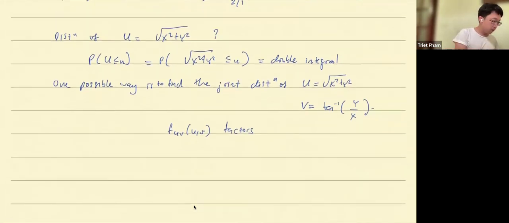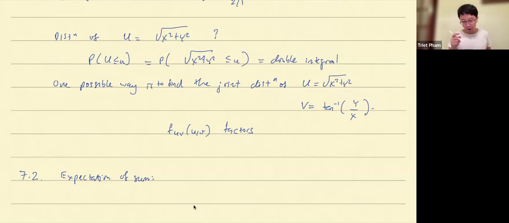So now let's continue with 7.2, which is the topic of expectation of a sum. In terms of the mathematics, there's not much to be said.